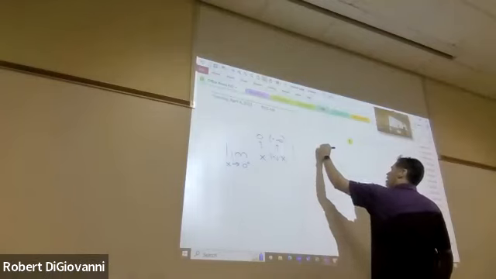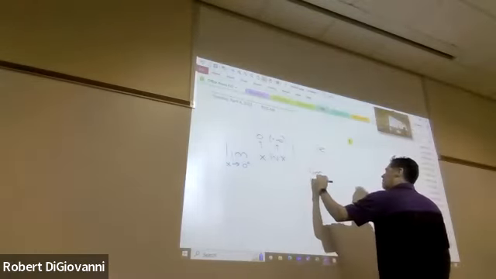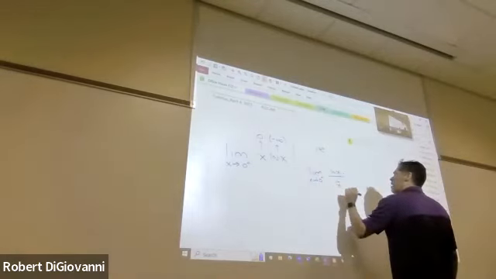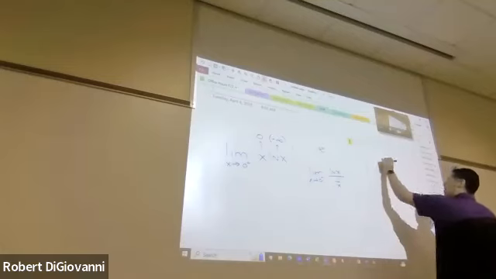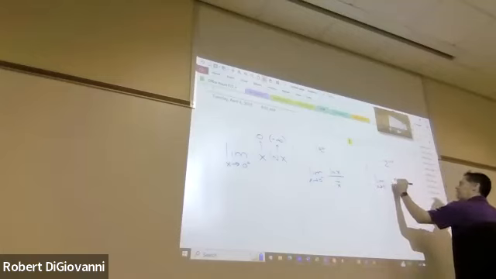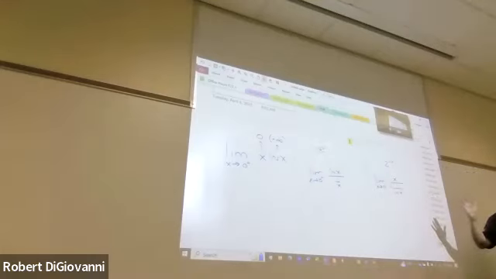The first scenario would be where I drop the x down, leave the natural log on top, and drop the x as a 1 over x. The second choice would be to leave the x on top and drop the natural log as a 1 over natural log x on the bottom. Do you see the difference between those two?